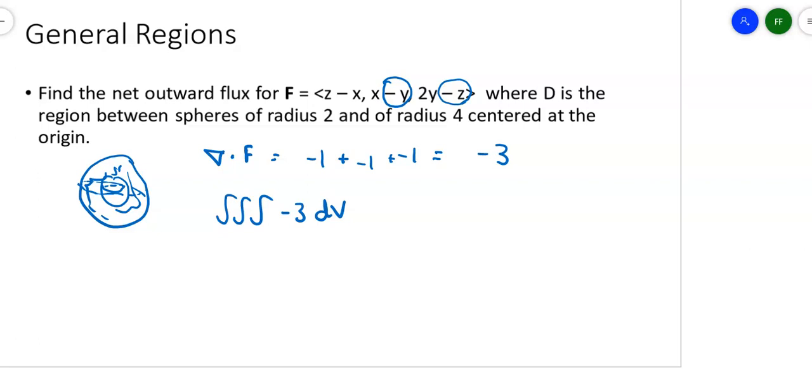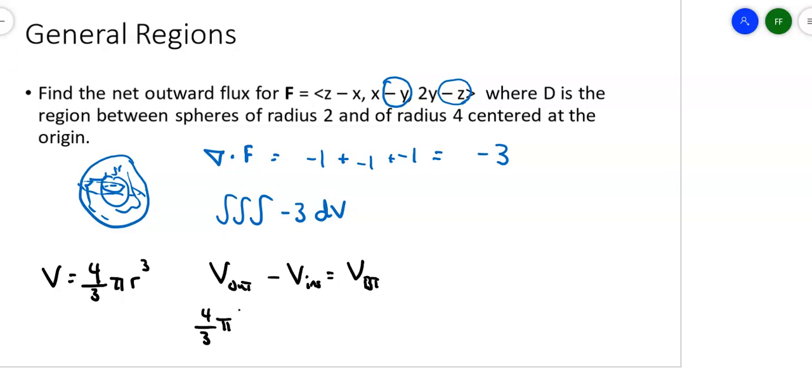How do you find the volume of a sphere? Volume of a sphere is 4/3 pi r cubed, right? So let's find the volume of the outside minus the volume of the inside, and that'll give us the volume that's between. The volume for the outside is going to be 4/3 pi times 4 cubed. That's the big radius. Now get rid of the little one. This is the three-dimensional version of a donut, right? You take the middle out. That's how they make the munchkins.